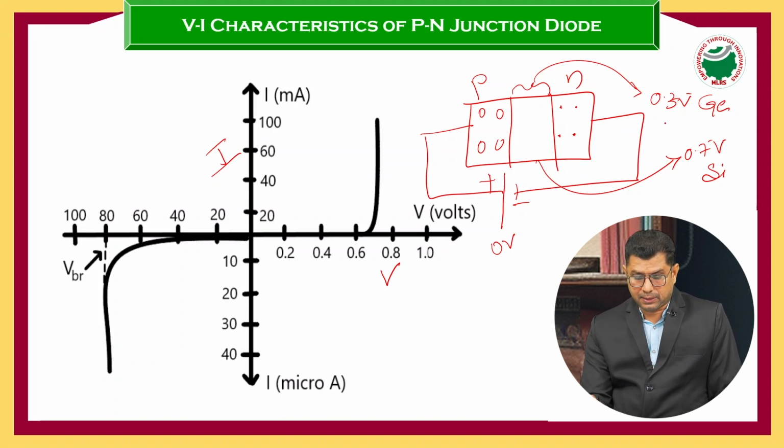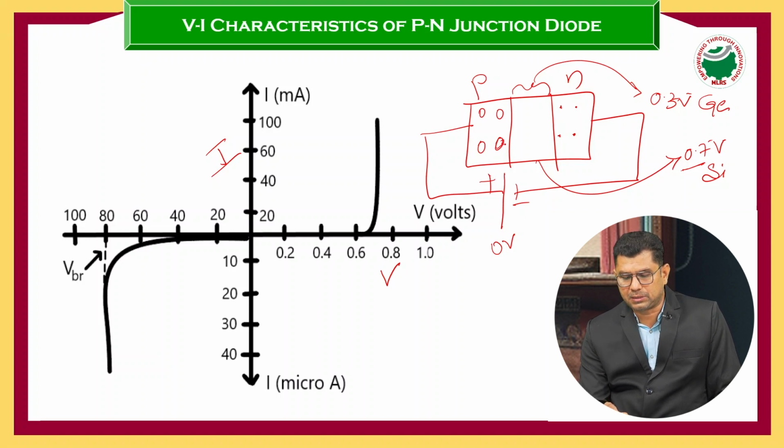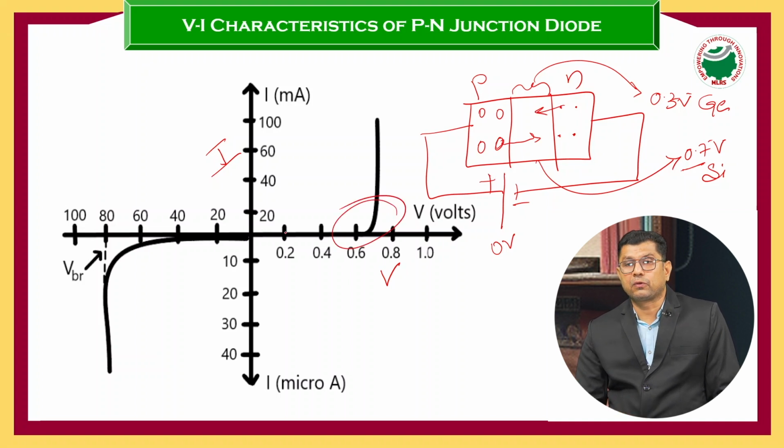In case of silicon, up to 0.7 volts, no charge carriers cross the junction. Once it reaches 0.7, these charge carriers cross the junction. Means in the diode, the current starts flowing through the junction. This particular voltage is called threshold voltage.